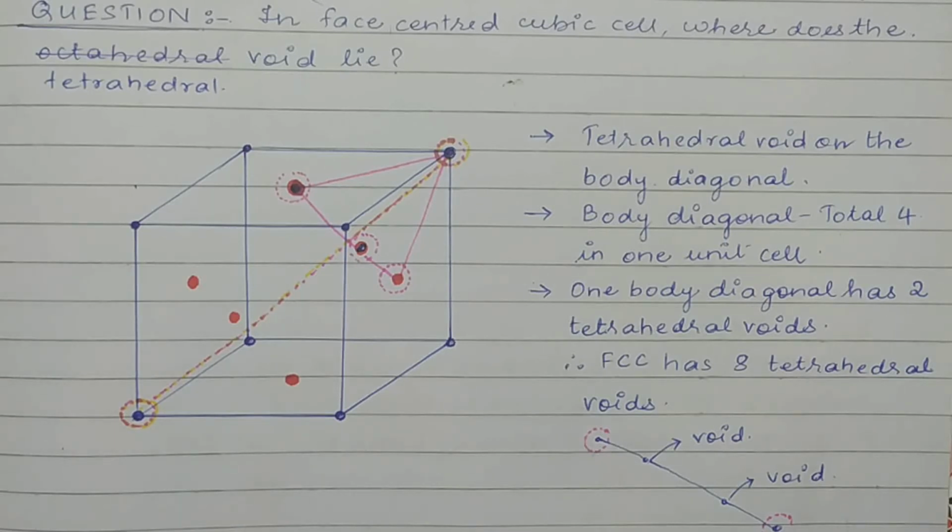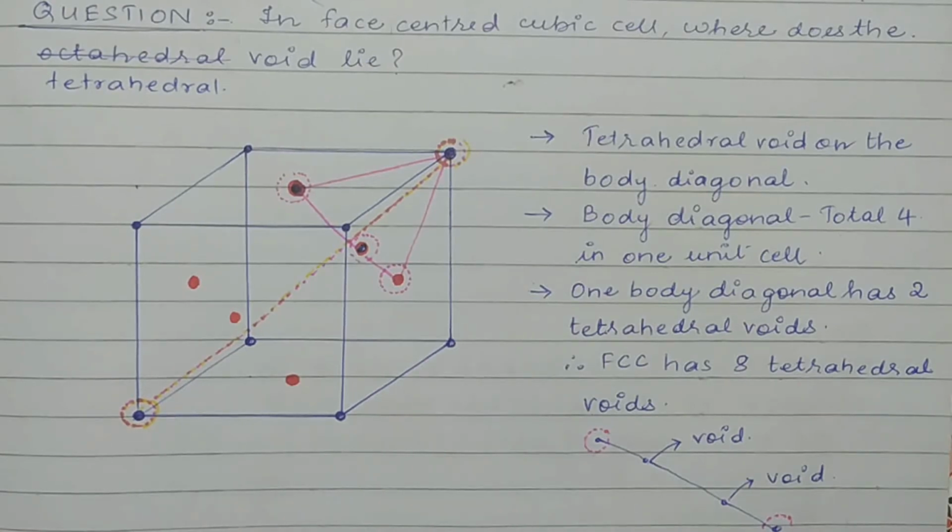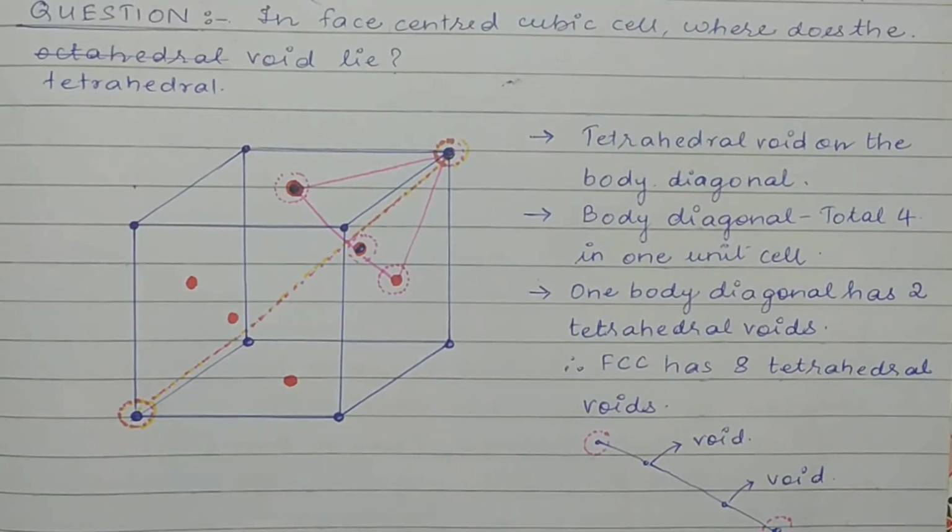Now I will take one question here which is asked many times. That is, in the face-centered cubic cell, where does the tetrahedral void lie? In our earlier concept, we just saw that the face-centered cubic cell is formed from the ABC type of arrangement, correct?